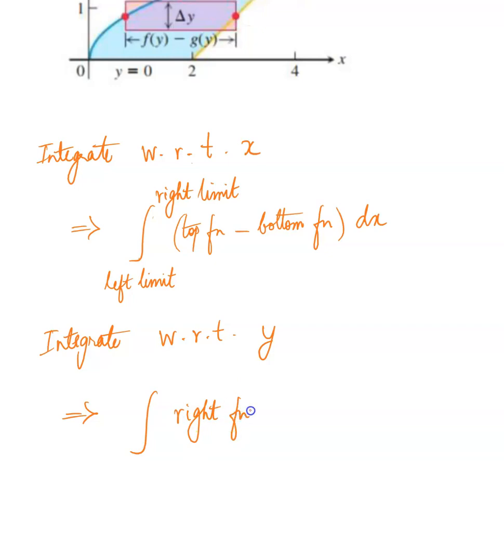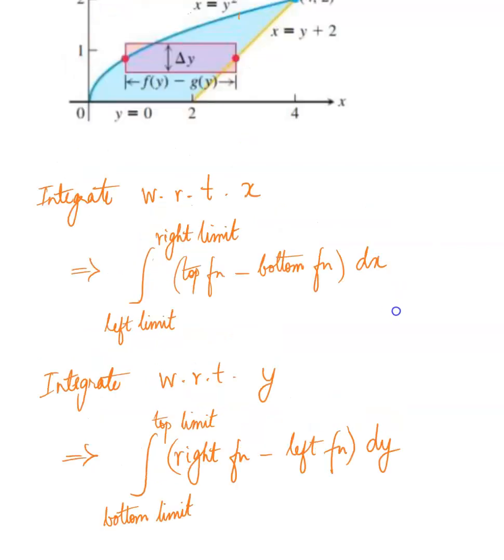So it's right function minus the left function, and because it's with respect to y, it is dy. But then the limits would be bottom limit, right? Because you're trying to see the region from the bottommost to the topmost. So this would be the top limit. See how they're all coming together? Top, bottom, left, and right.